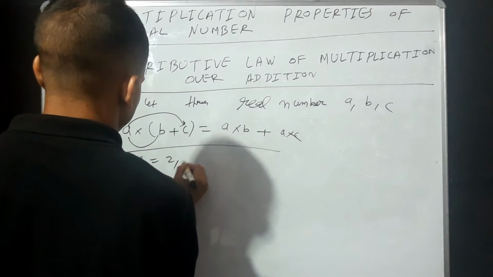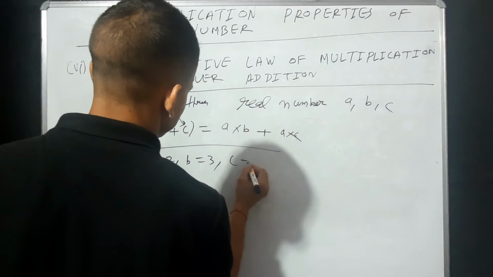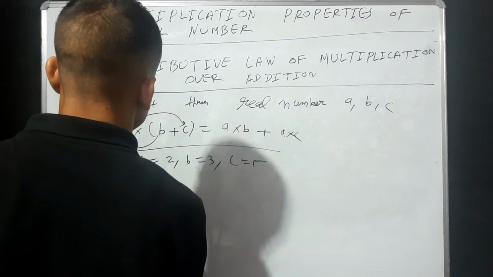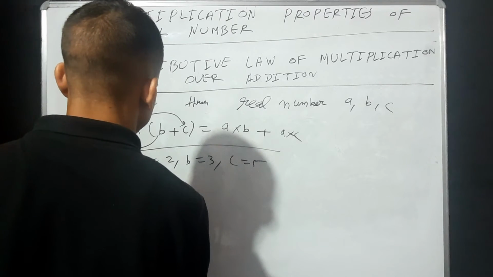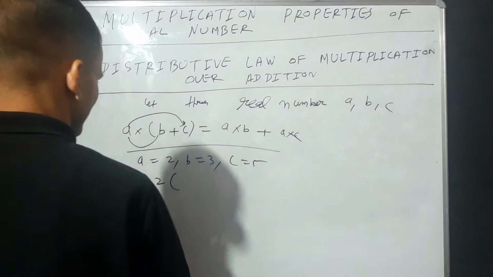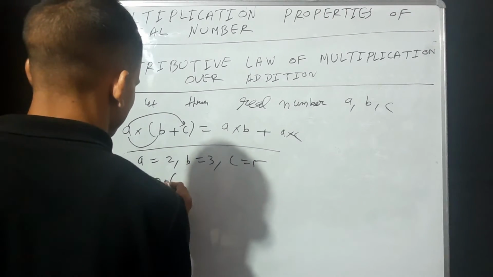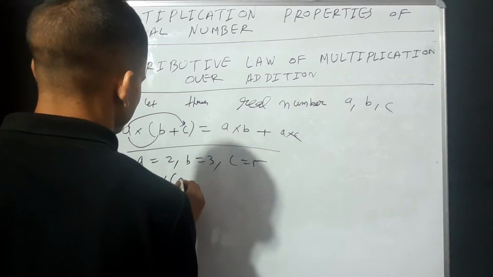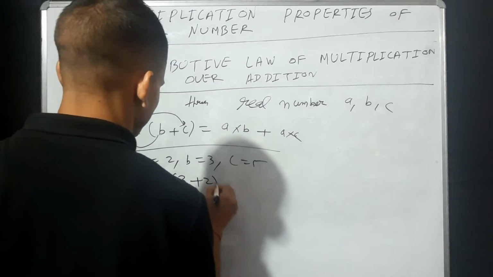We take A equal to 2, B equal to 3, and C equal to 2.